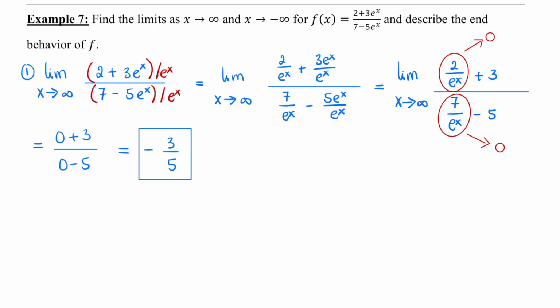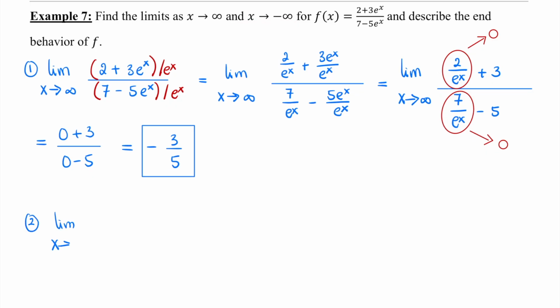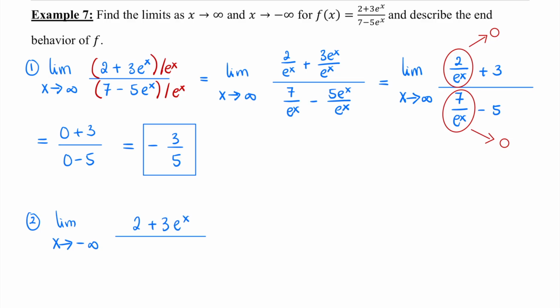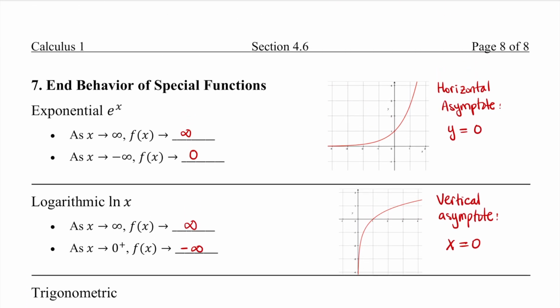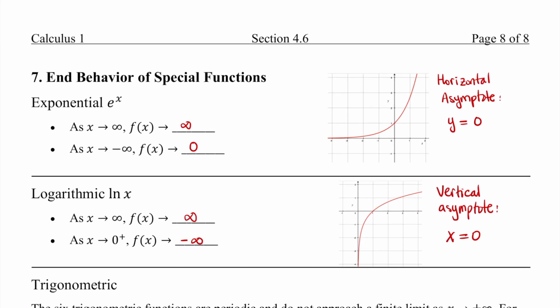Next, we are going to find the limit as x approaches negative infinity. Now, let's go back to look at the end behavior of e to the x. As x approaches negative infinity, e to the x approaches 0.